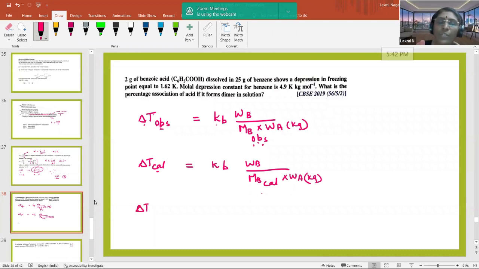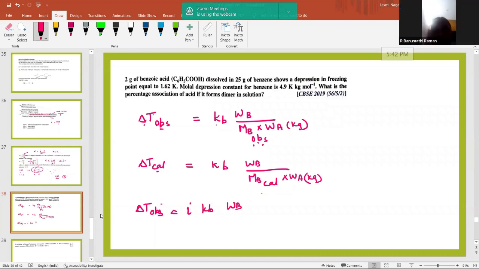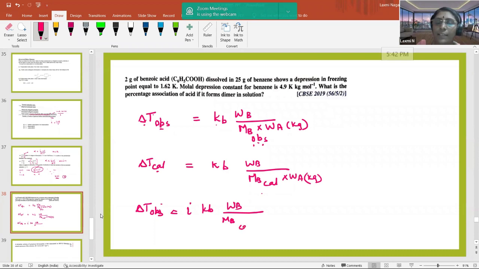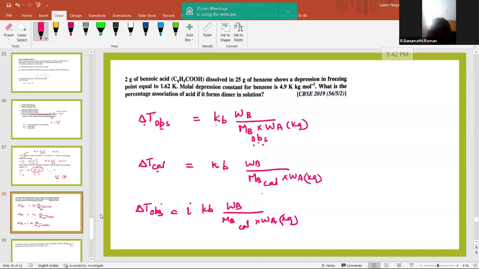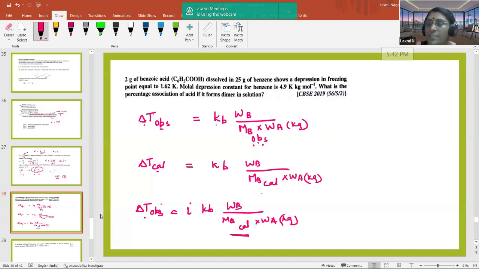The moment you introduce the i factor, i into Kb, WB by MB calculated into WA in kilograms, observed and calculated, even if you take the calculated value, you will directly get the observed result. So this is a very, very useful shortcut for doing such problems.